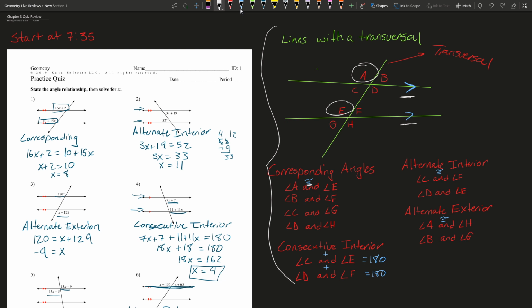Again, if the two lines are parallel, then angle C and angle F are congruent, and angle D and angle E are also congruent. Also, if we don't know that the lines are parallel, but we do know that those pairs are congruent, then the lines are parallel.